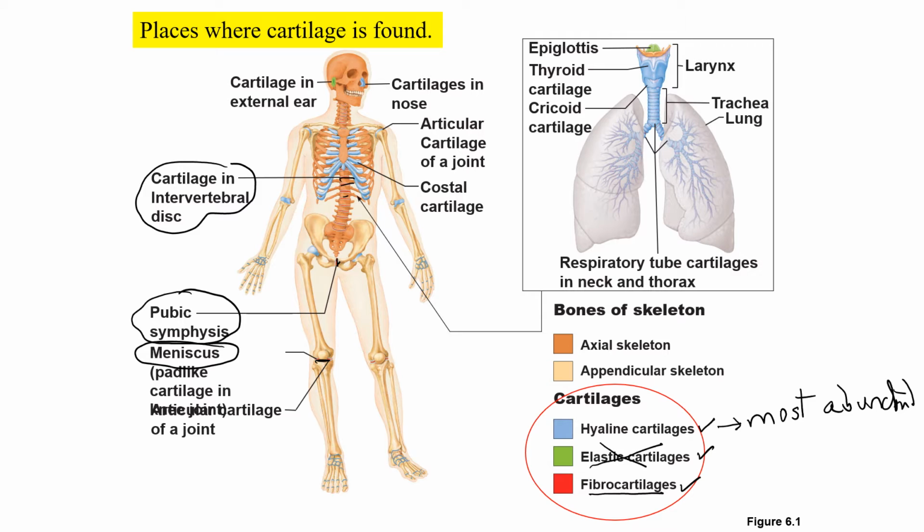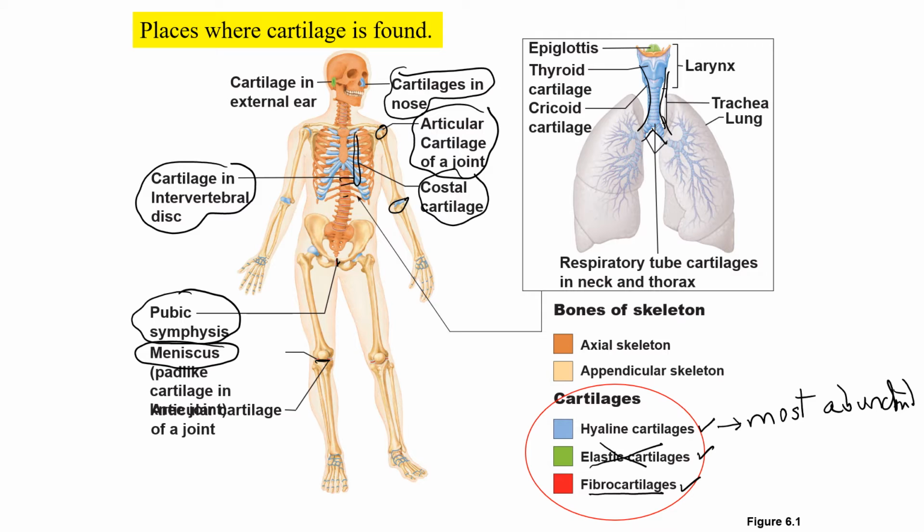Hyaline cartilage, the most abundant cartilage associated with bones, is found at the end of long bones, making articular cartilage; at the end of ribs, creating costal cartilage; the cartilage associated with the nose is called nasal cartilage; and finally, the cartilage associated with the respiratory system, which is not part of the skeletal system, is also hyaline cartilage.